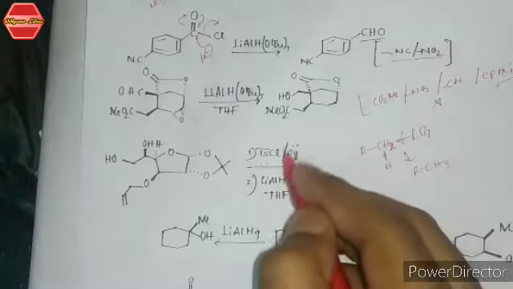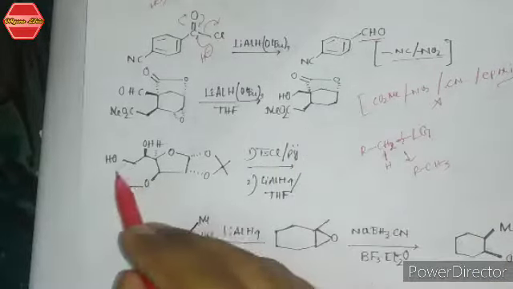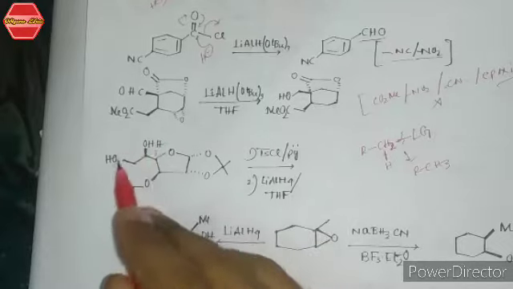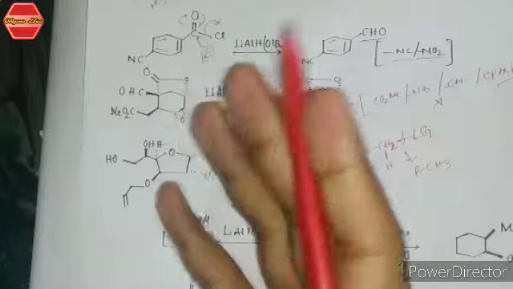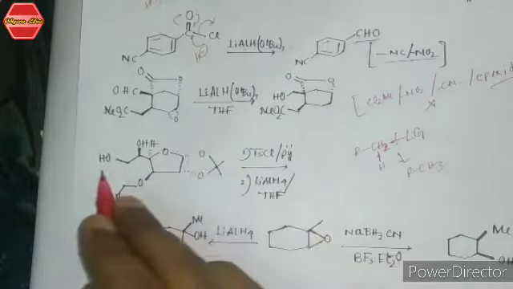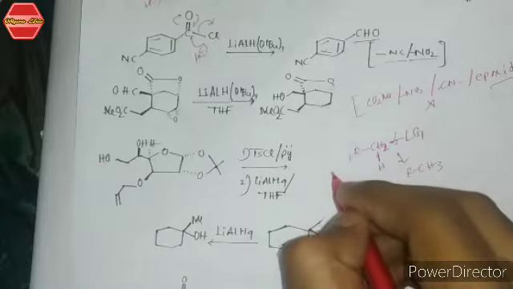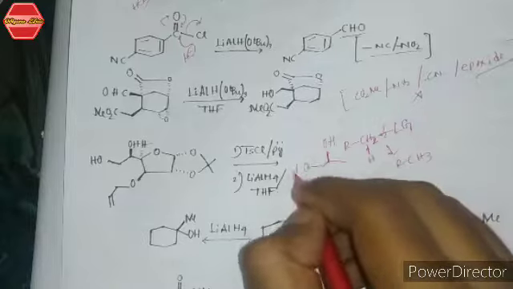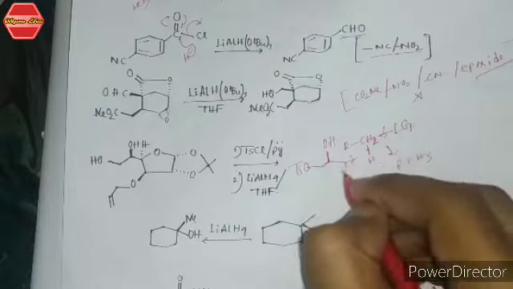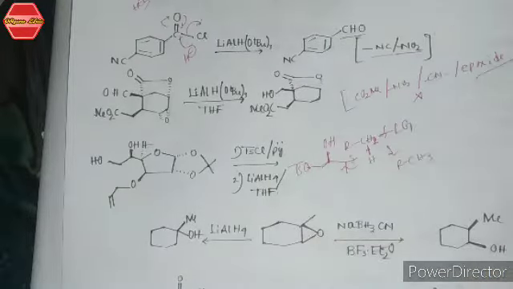Now see, if we use tosyl chloride in the presence of pyridine, there are two types of alcohol group, primary and secondary. We all know that the primary alcohol group is much faster to react compared to the secondary alcohol. So this will generally form the OTs bond faster, and this is your rest part. I'm not writing all the parts.